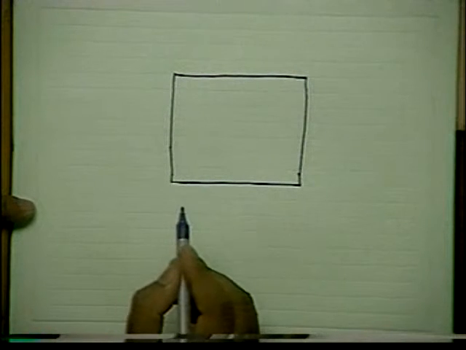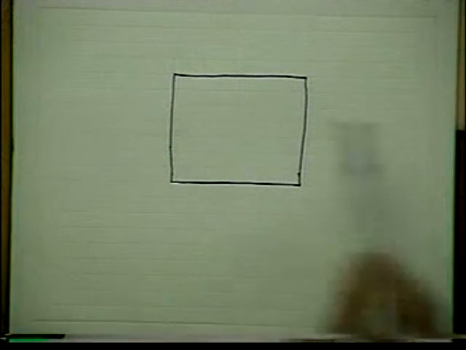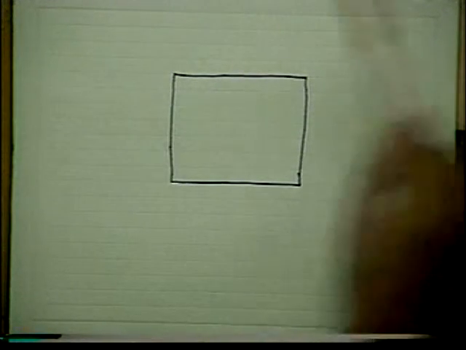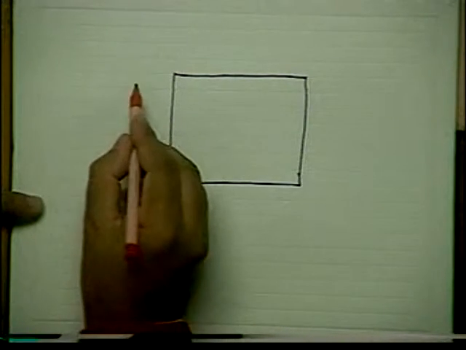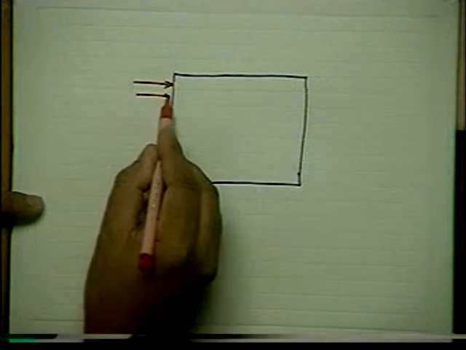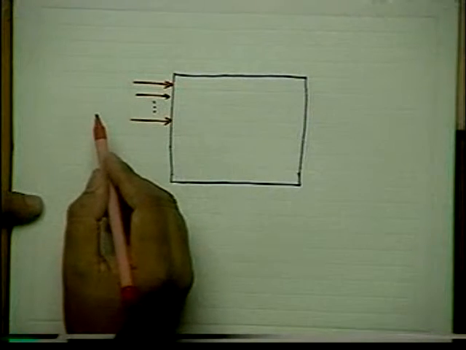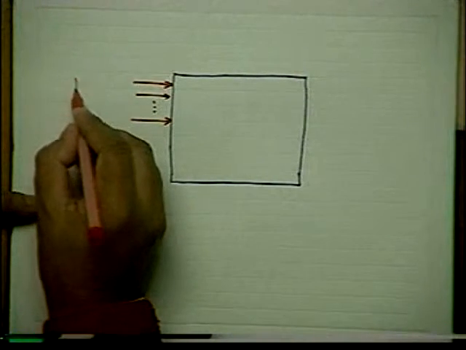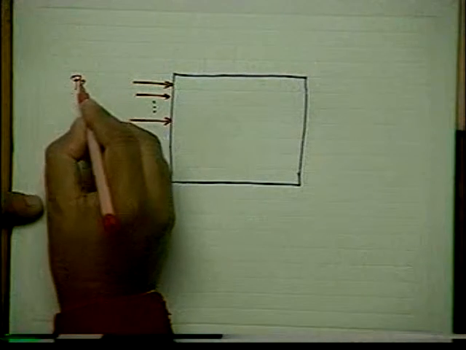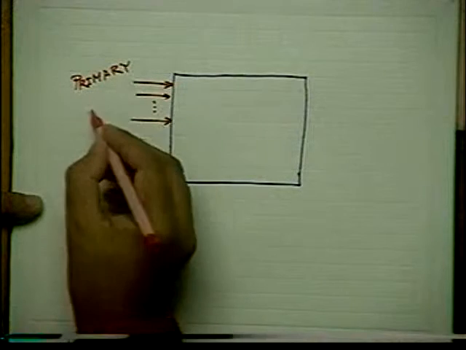This is a box that we have. It can have some inputs, which we call primary inputs.